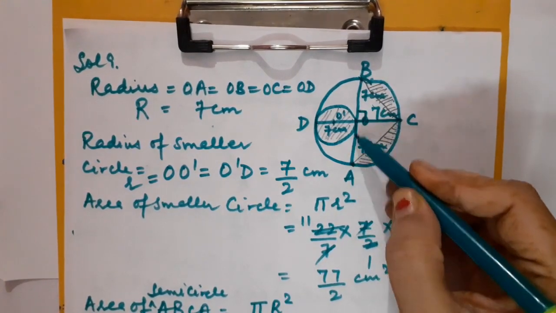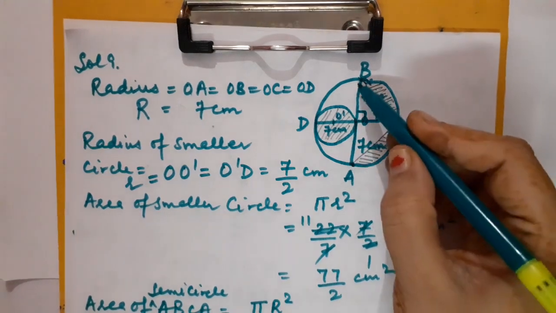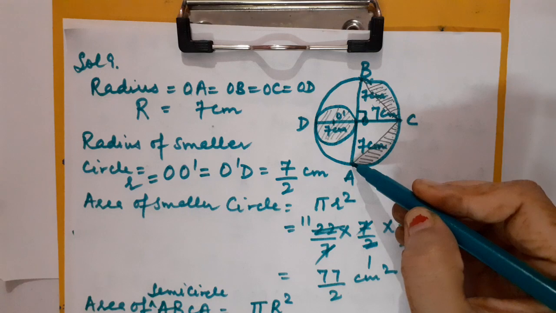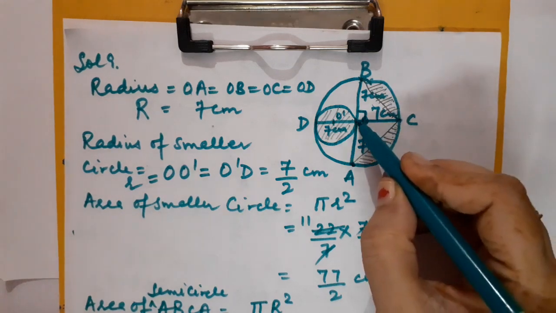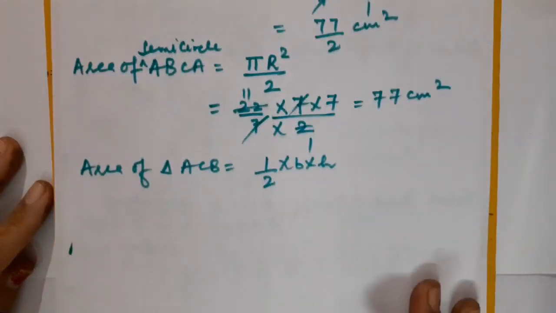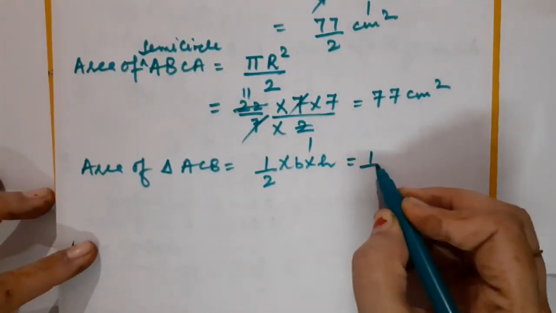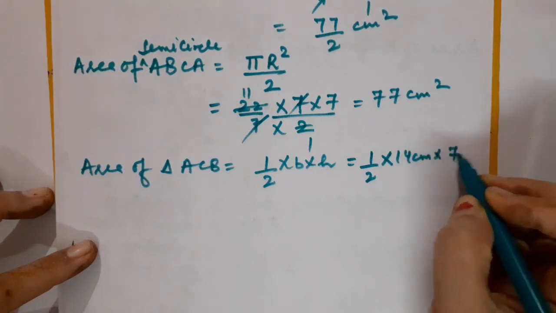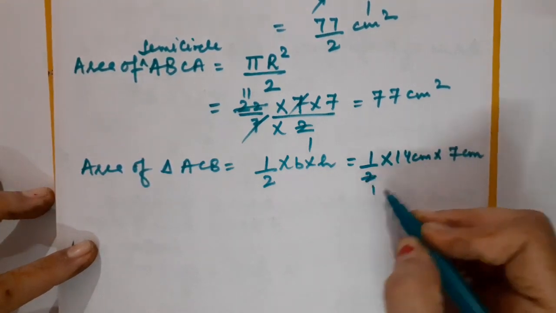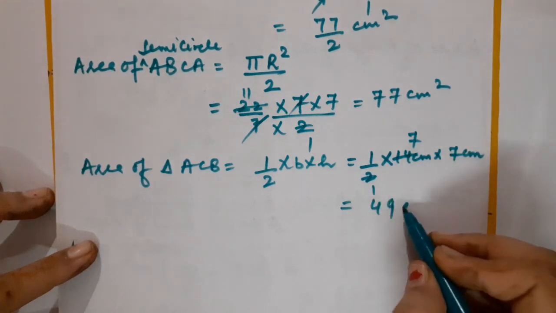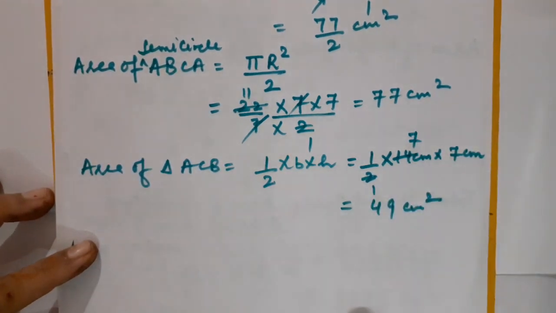What is AB right now? OA is 7 centimeter, OB is also 7 centimeter, so the complete base AB will become 14 centimeter. And OC, which is perpendicular, is 7 centimeter itself. So half into base 14 centimeter and height 7 centimeter, it is going to be cancelled again. I have got 49 centimeter square.